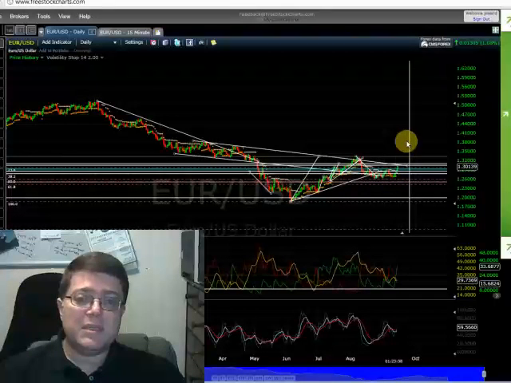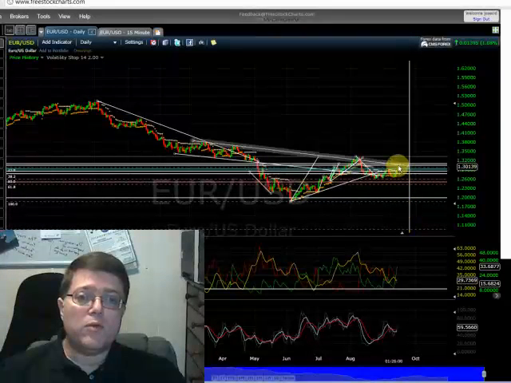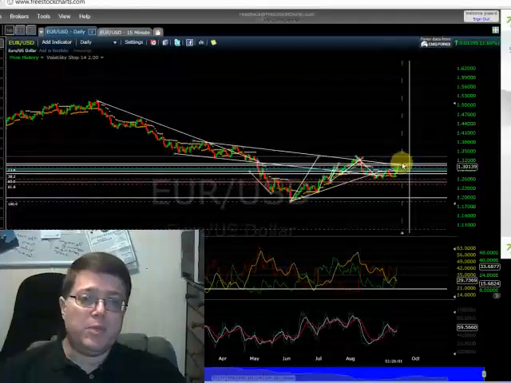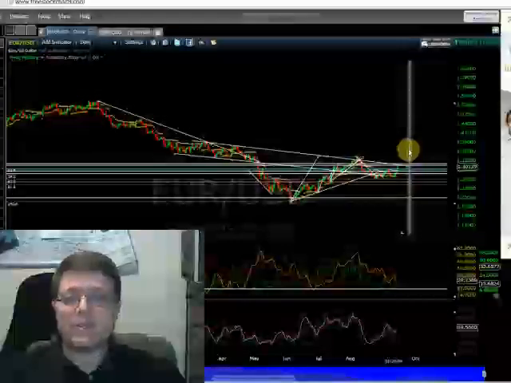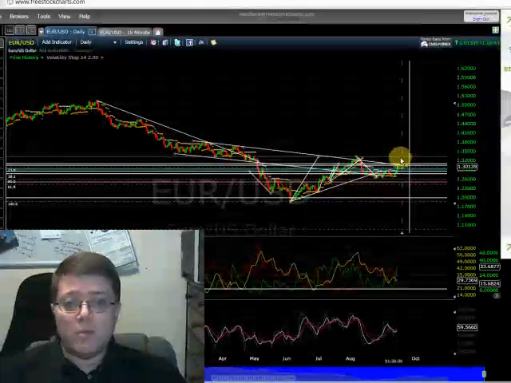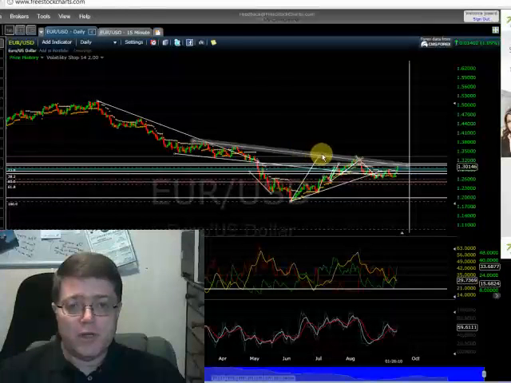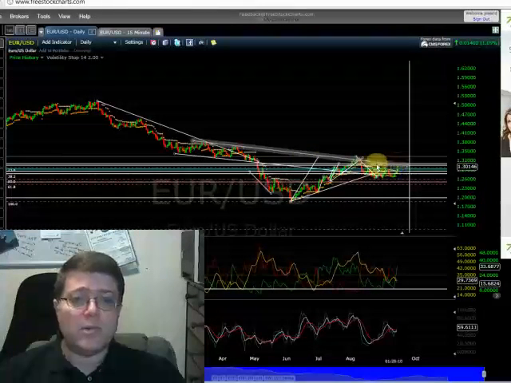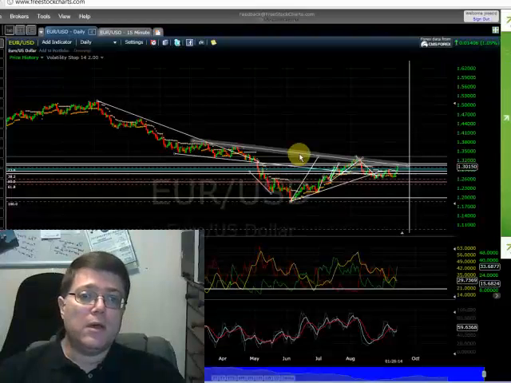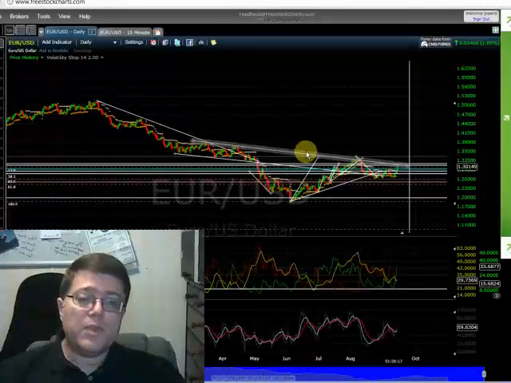That's how I see it. A few more days, maybe a couple of weeks, and then we might see the euro breaking above that line here, and showing more weakness in the dollar.